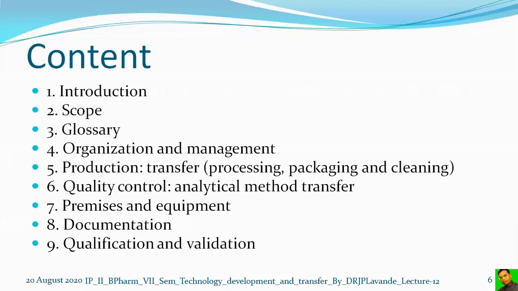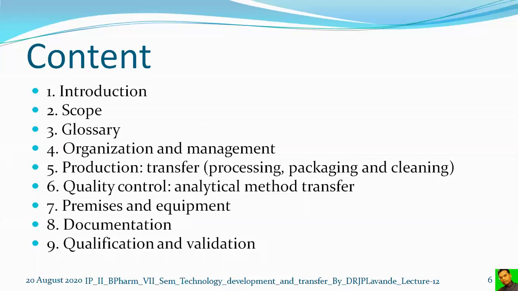While studying these WHO guidelines, for understanding and study purposes, they have been categorized into different headings like introductory guidelines, scope, related guidelines, glossary, that is the terms that are used during technology transfer, the guidelines associated with organization and management, then the guidelines associated with production, transfer process, packaging and cleaning, quality control, analytical method transfer guidelines, premises and equipment related guidelines, documentation related guidelines, and guidelines for qualification and validation.